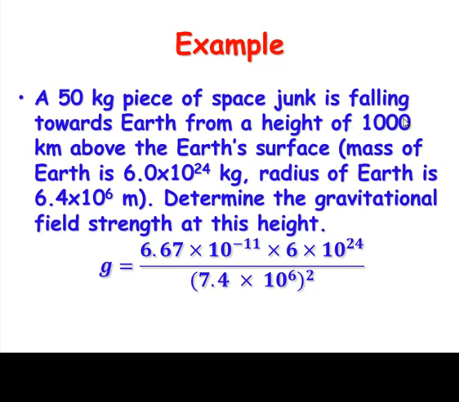We've got 1,000 kilometres, which is 1 times 10 to the 6 metres. So we've got to add that to the radius to get 7.4, square that, and we've got 7.31 newtons per kilogram.